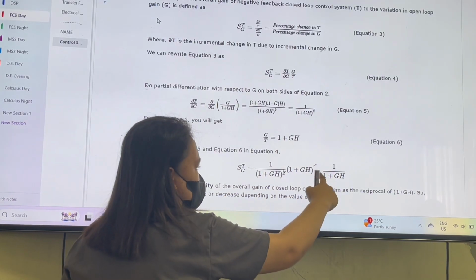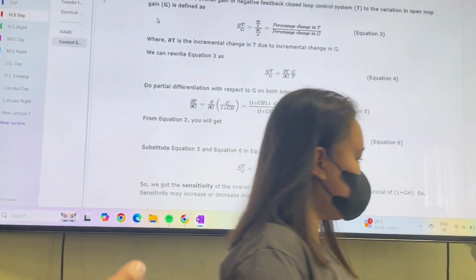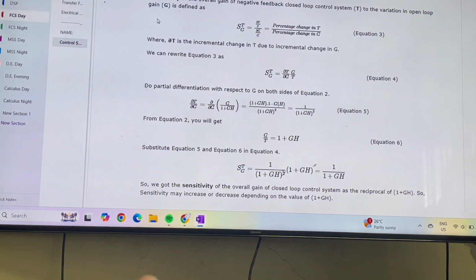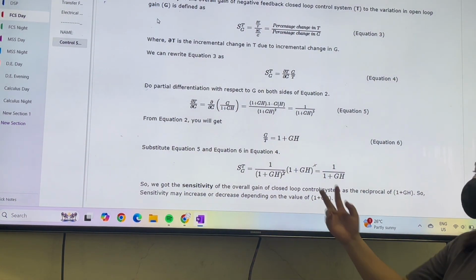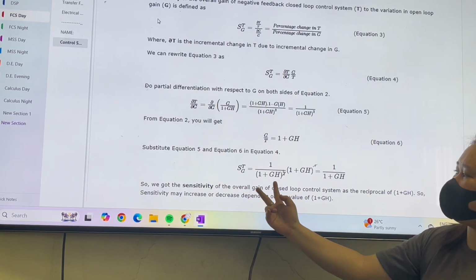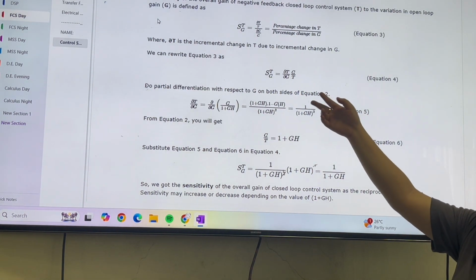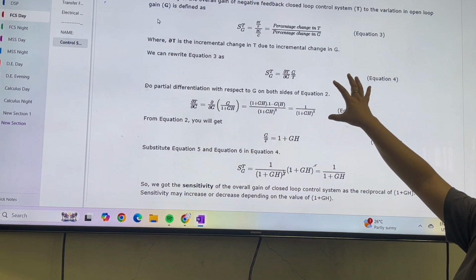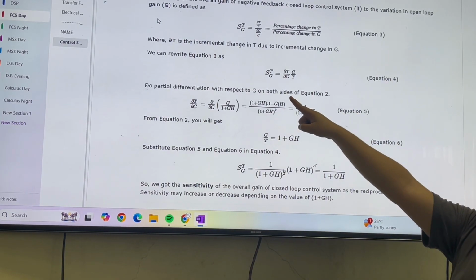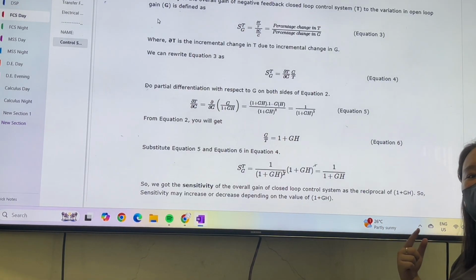So, 1 over 1 plus GH. Bali miss, ang usa ka kuan 1 over 1 plus GH kay sensitivity, then ang usa kay kuan sa overall. Ang kani is the partial T with respect to G. Our transfer function with respect to our gain G. Tapos ang G of T. Of course. And G of T is from our equation 2, which is our overall gain.